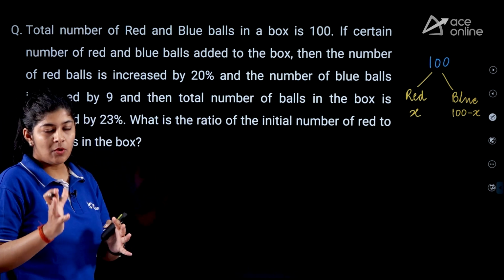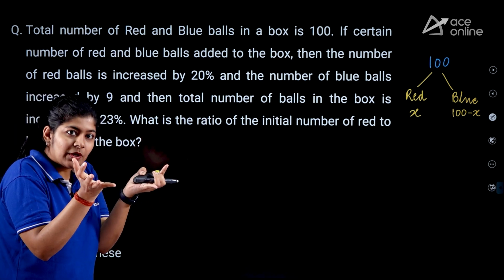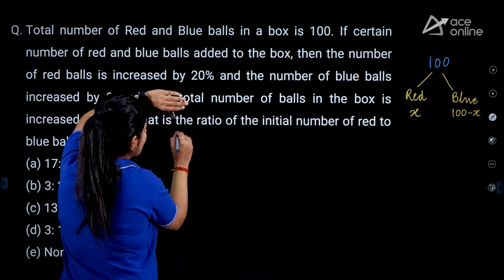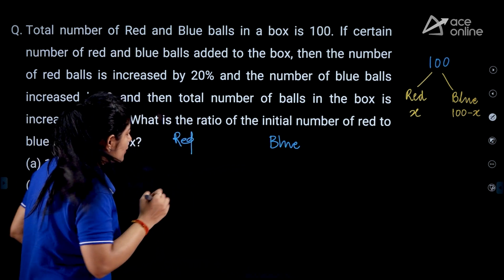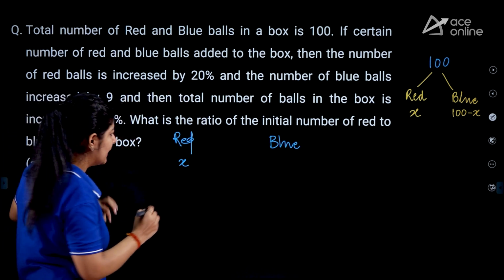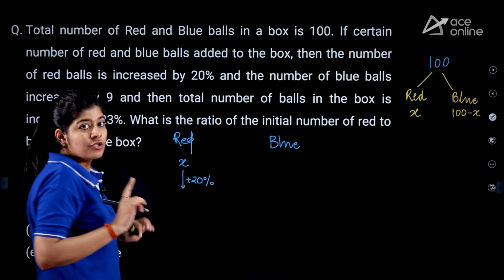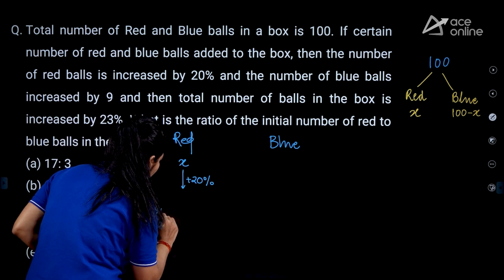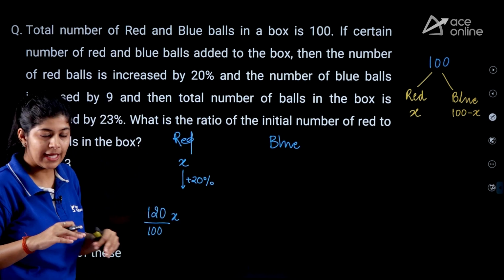Because of adding the balls, we don't know the exact number, but we know that the total number of red balls is increased by 20%. So initially we have X balls, but they are increased by 20%. So right now I can write that I have 120% of X red balls.